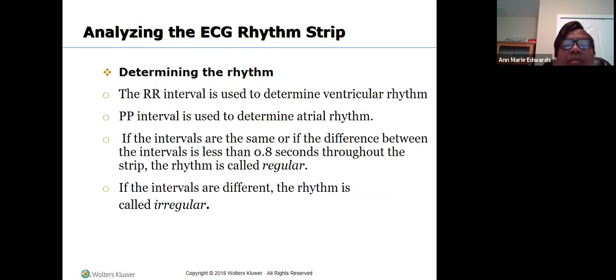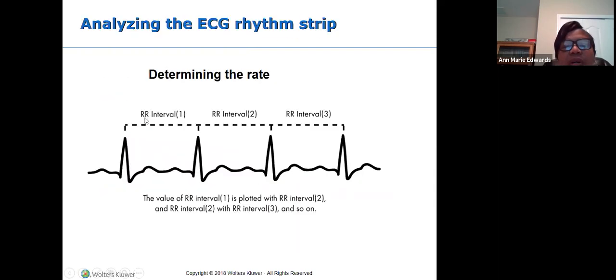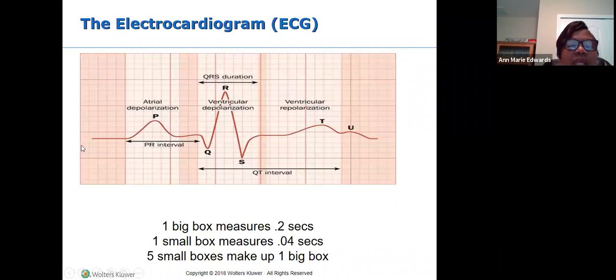Let's go to it. These are your large boxes, okay?